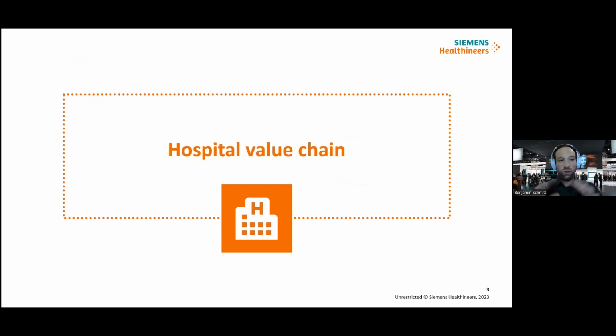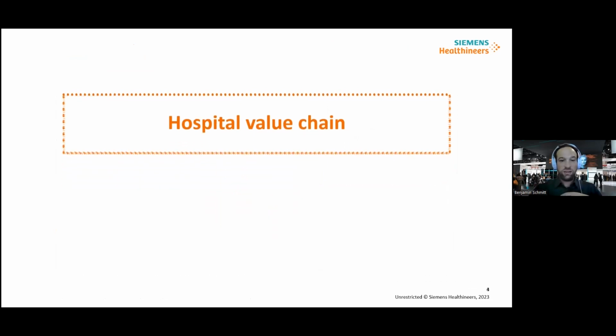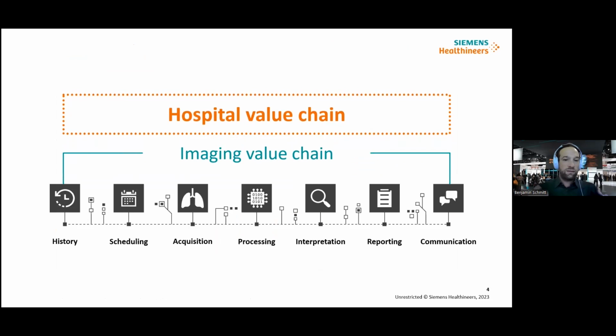So when we look at the hospital value chain, how the hospital creates value for the patient, we deal a lot in medical imaging. We also do laboratory diagnostics, and therapy business, radiation therapy.